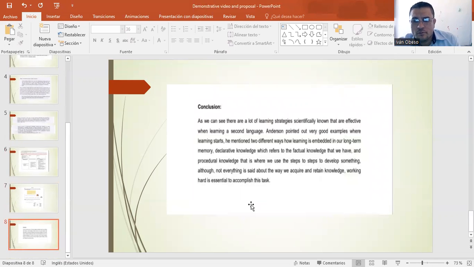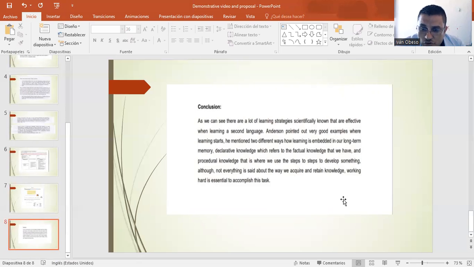And well, for the conclusion, as we can see, there are a lot of scientifically known learning strategies that are effective when learning a second language. Anderson pointed out very good examples of where learning starts.